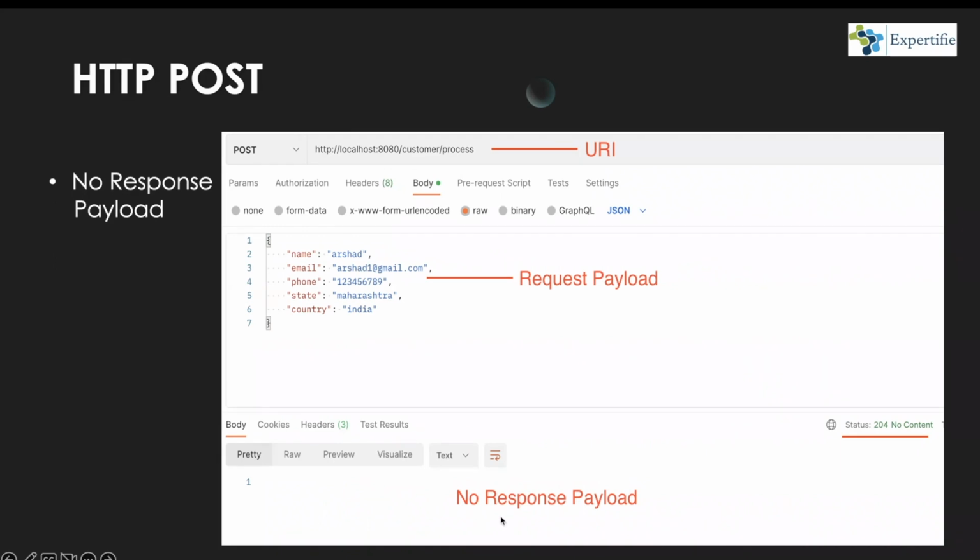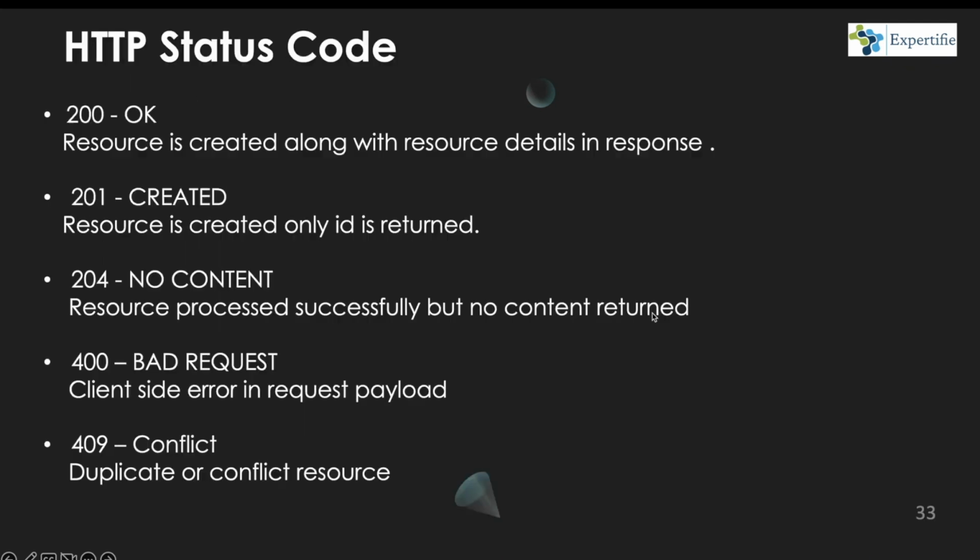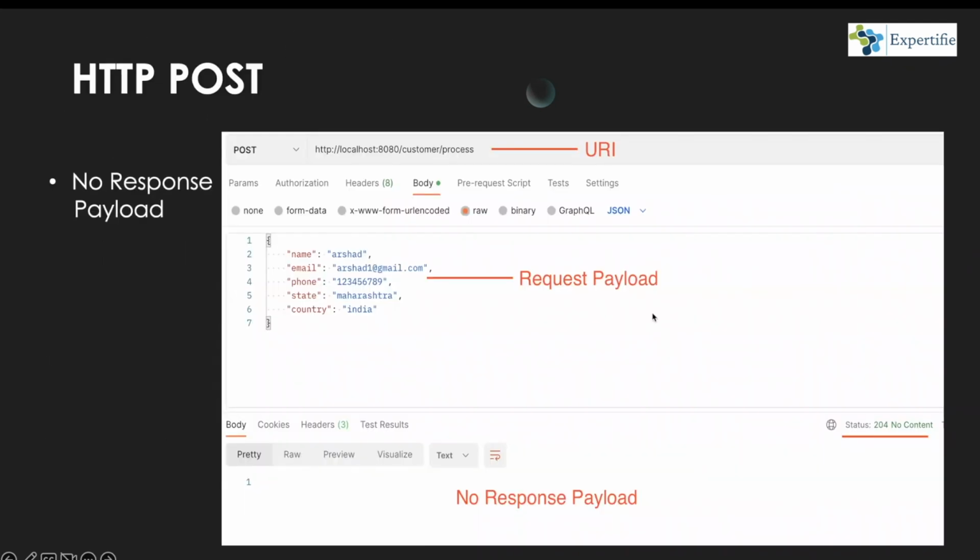So the status code for that would be 204, that is no content. Whenever the client gets 204 no content, it means the client's request is accepted by the server and is ready to be processed. Okay.